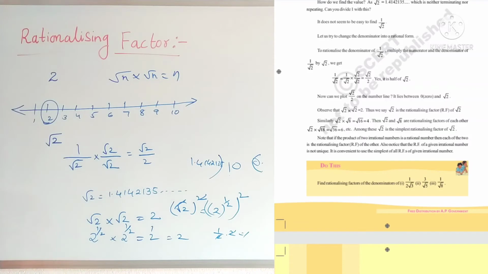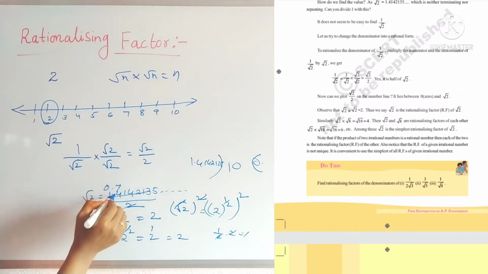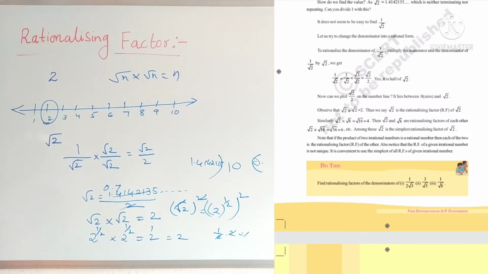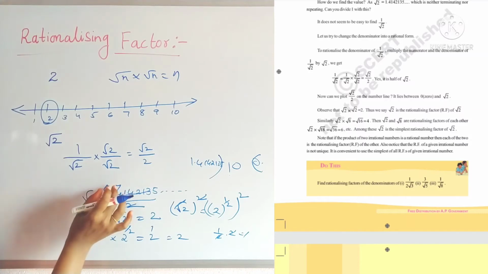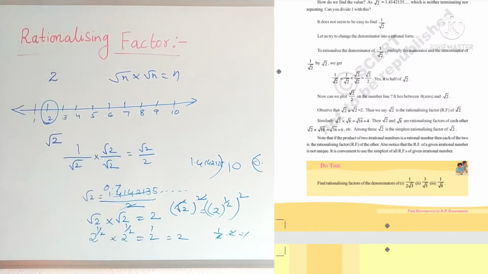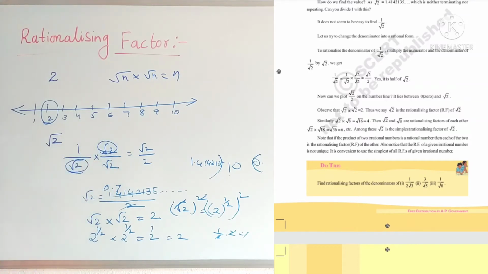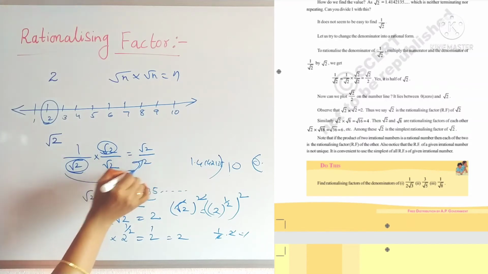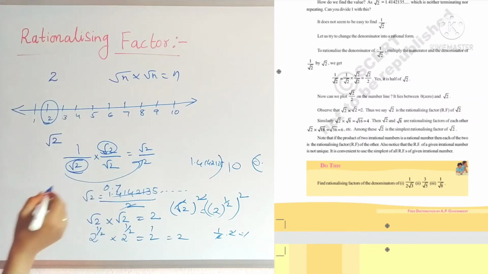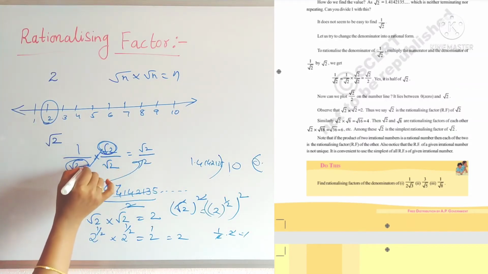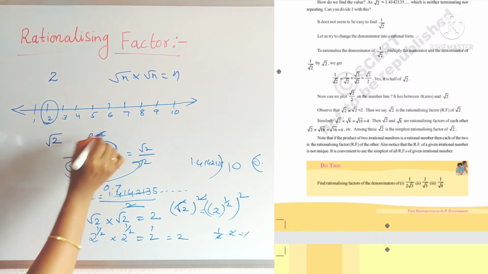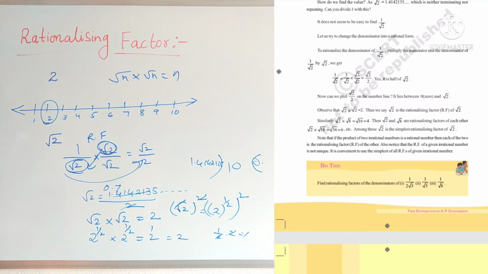Now we can easily represent half of root 2 just by dividing by 2, and its value comes like 0.7. So now we can locate this value on the number line. Here I multiplied the denominator with root 2 and finally we got a rational number. So this root 2 is called the rationalizing factor of 1 by root 2.